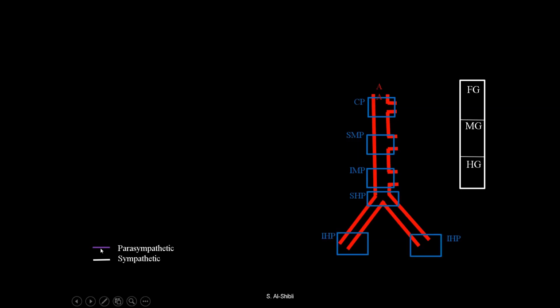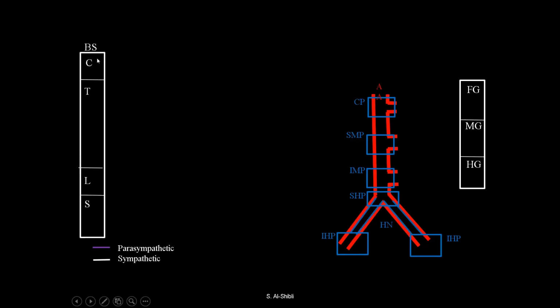We have the purple representing the parasympathetic and the white representing the sympathetic flow or outflow of the abdominal innervation. This represents the brain or brainstem. This is the spinal cord, the cervical, the thoracic, lumbar, and sacral. The thoracic is from 1 to 12, lumbar 1, 2, and the sacral 2, 3, 4.